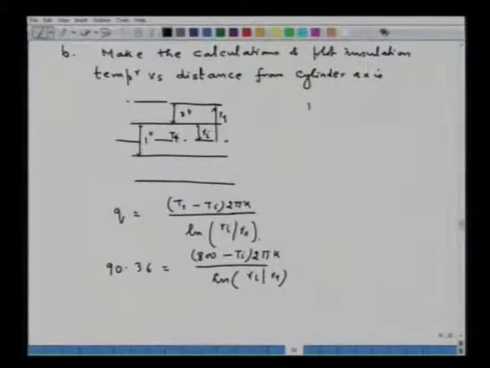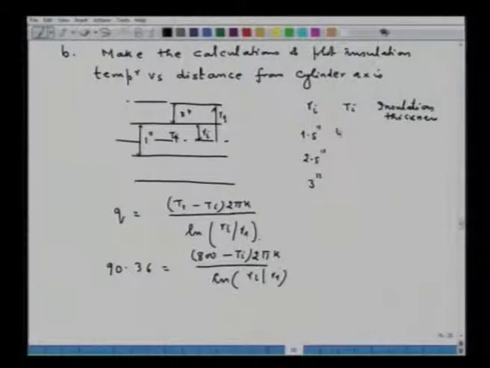For example, I take Ri and I calculate Ti and then the insulation thickness, because for insulation thickness you have to subtract the diameter of the tube. So, Ri, if I take say 1.5 inch, 2.5 inch and 3 inch.